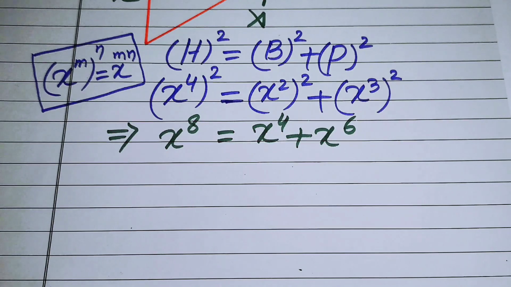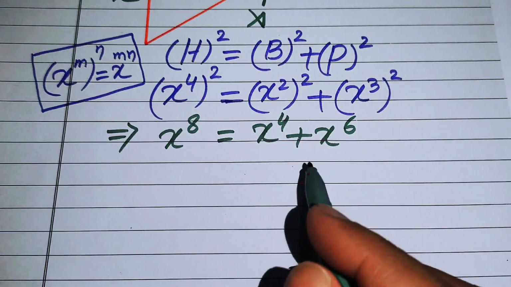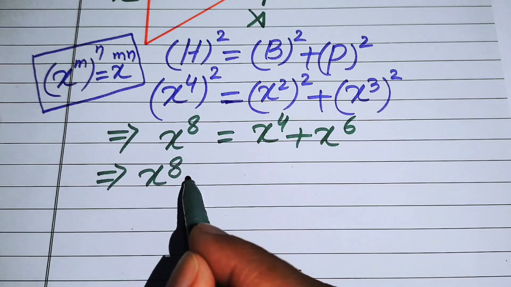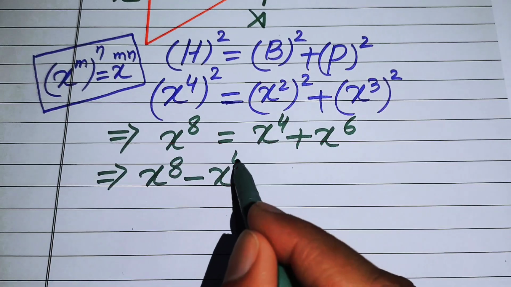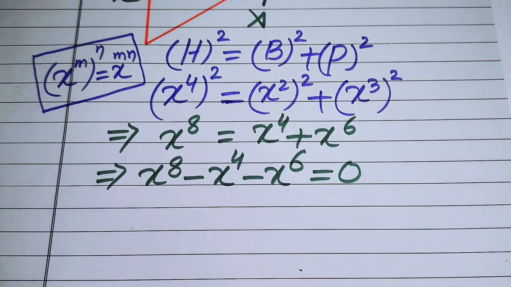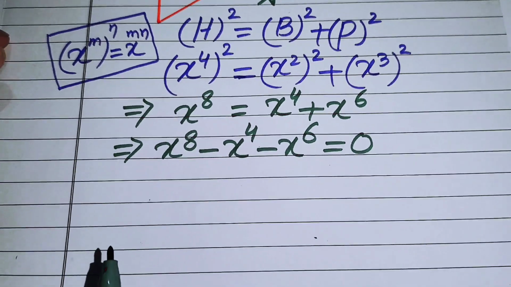In the next step, we move all the terms from the right hand side to the left hand side, and we get x to the power of 8 minus x to the power of 4 minus x to the power of 6, and this whole equals 0.